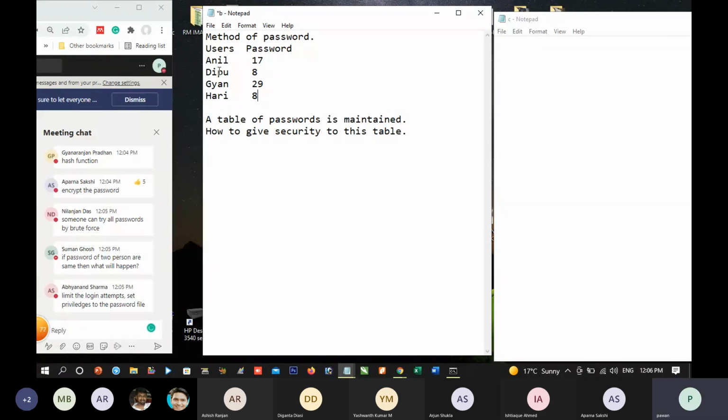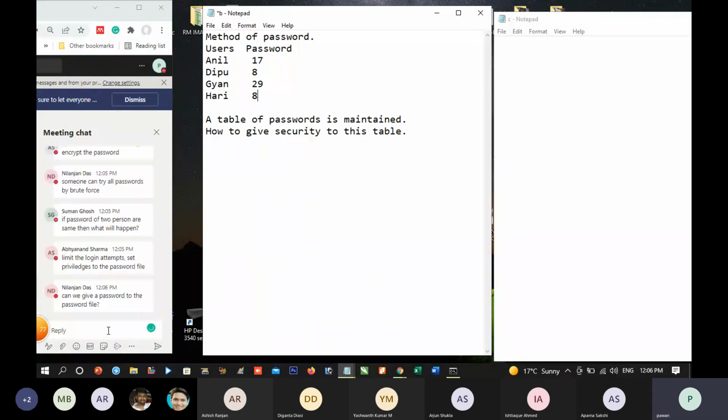So if the file of passwords is visible, how shall we protect the file of passwords? So this is the question. If two people have the same password, then there is no problem. In the beginning, the login name will be asked. If he says Deepu and gives the password 8, he will be permitted in the area of Deepu. And if he gives Hari and then password 8, he will be permitted in the area of Hari. So two people can have the same password, that is not a problem. Is it correct? Yes. Assuming that the brute force technique doesn't work.